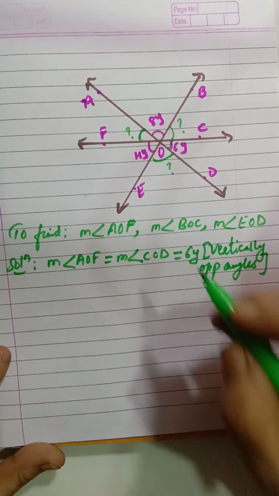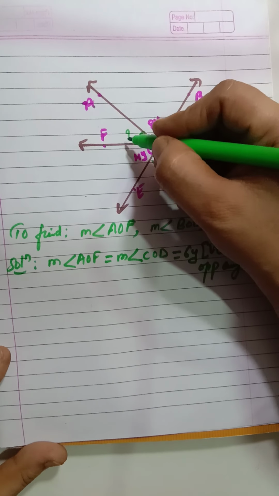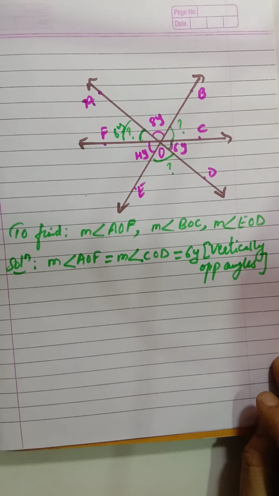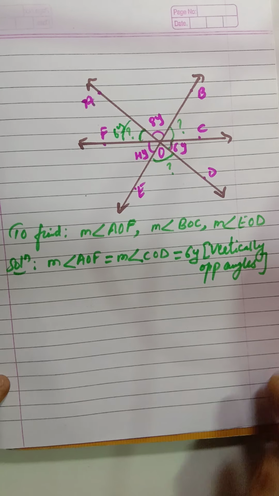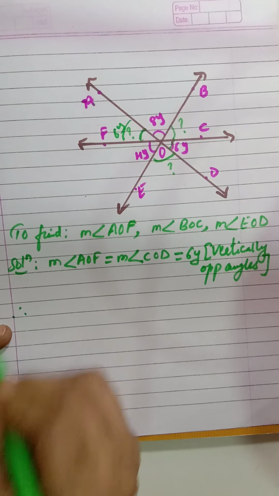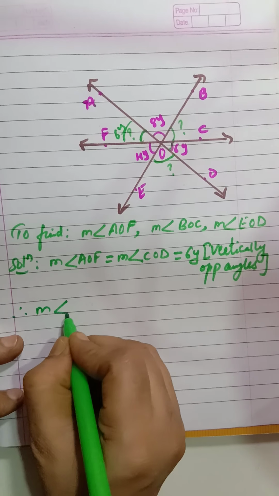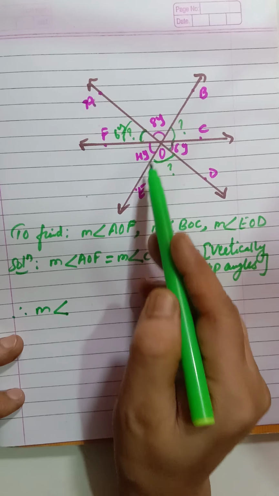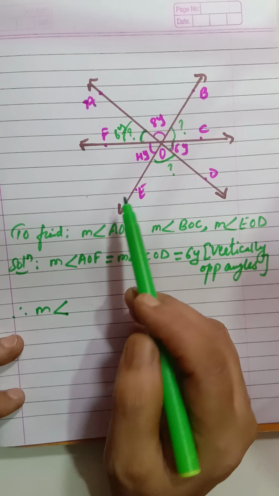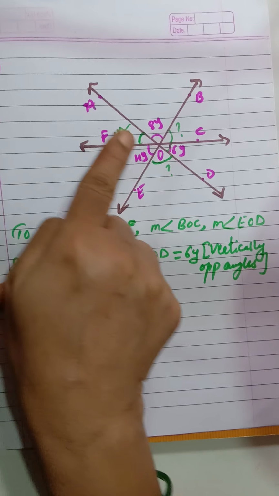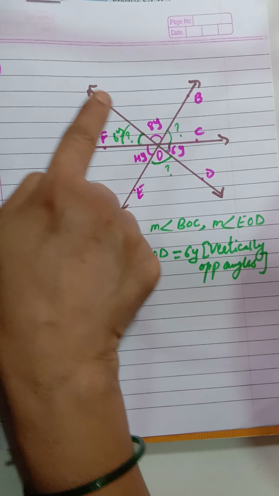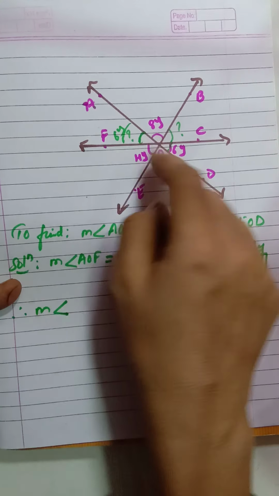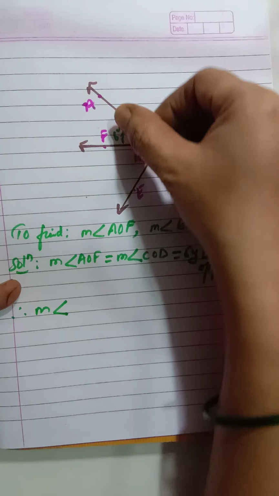Now see children, this I am writing here, what I have got this angle as? This angle is my 6y, right? I have got 6y. Now therefore measure angle AOE. I am taking which angle? AOE, this angle children, big angle, this way and this angle.